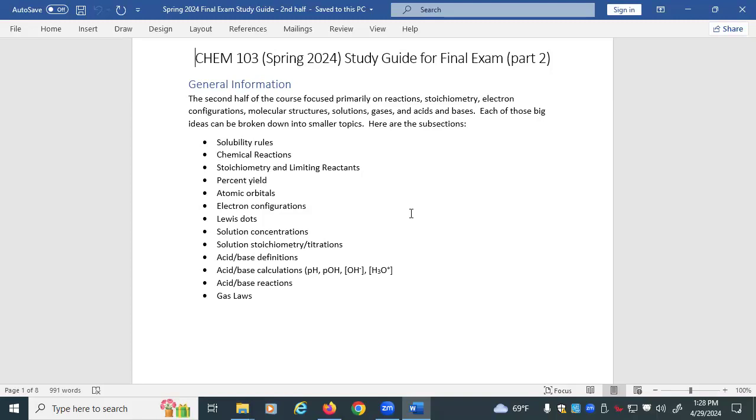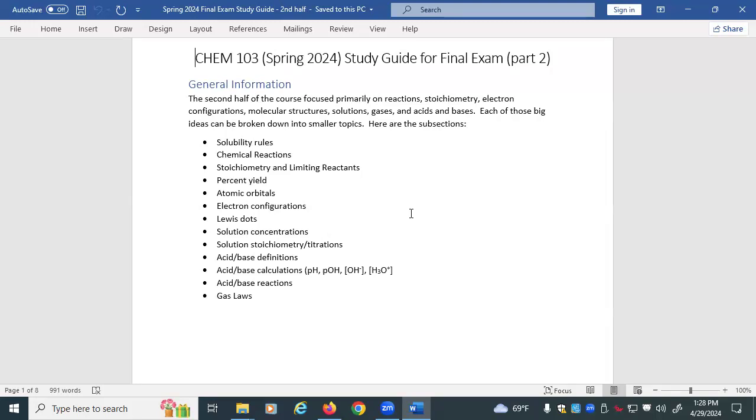But doing the ionic and net ionic equations, breaking things apart and crossing things out, identifying spectator ions, I've left that off. That's not going to be something that you will see on Wednesday. Don't spend your time studying that particular concept. It's not going to be there. And it's not even in the study guide itself, just to kind of reinforce that point.